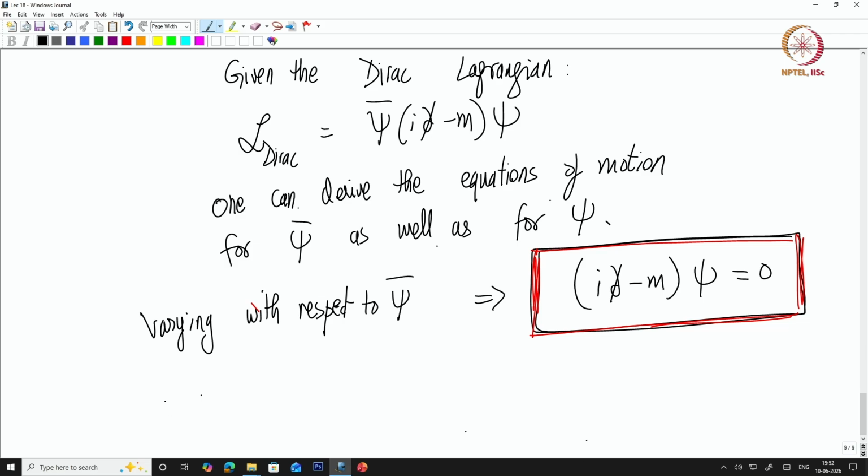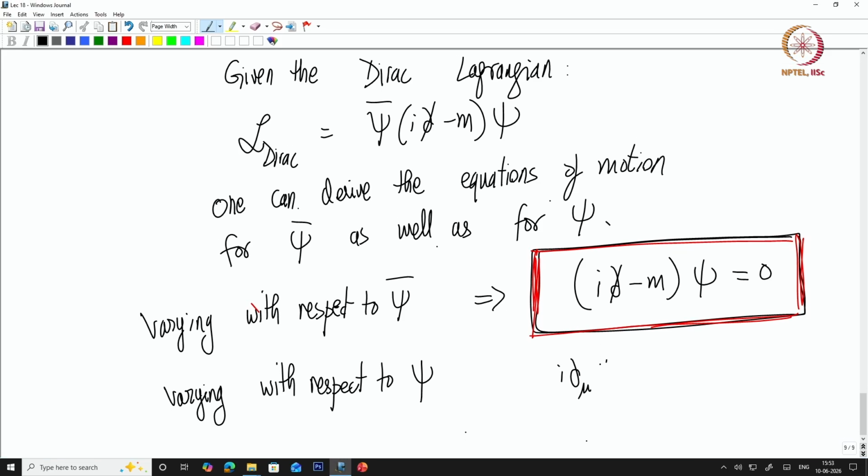You do the same thing varying with respect to psi, and you get the conjugate equation, which is nothing but i del mu psi bar gamma mu plus m psi bar equal to 0.